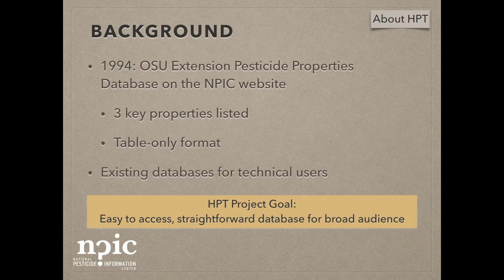There are a few key environmental fate properties listed there: soil half-life, water solubility, sorption coefficient, and pesticide movement rating. And that would be rated from low to very high for each pesticide. And so that includes herbicides, insecticides, fungicides, and so on.